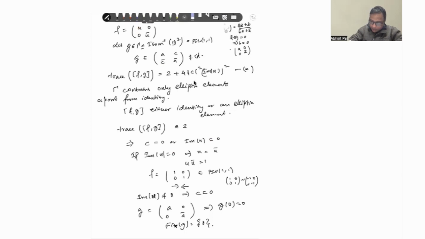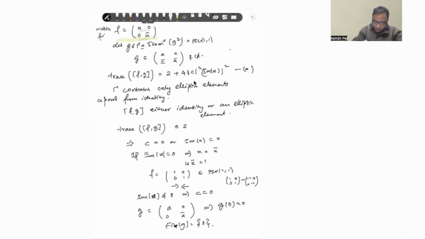So the matrix for f is equal to, the first row u0 and 0, and the second row 0 u1.